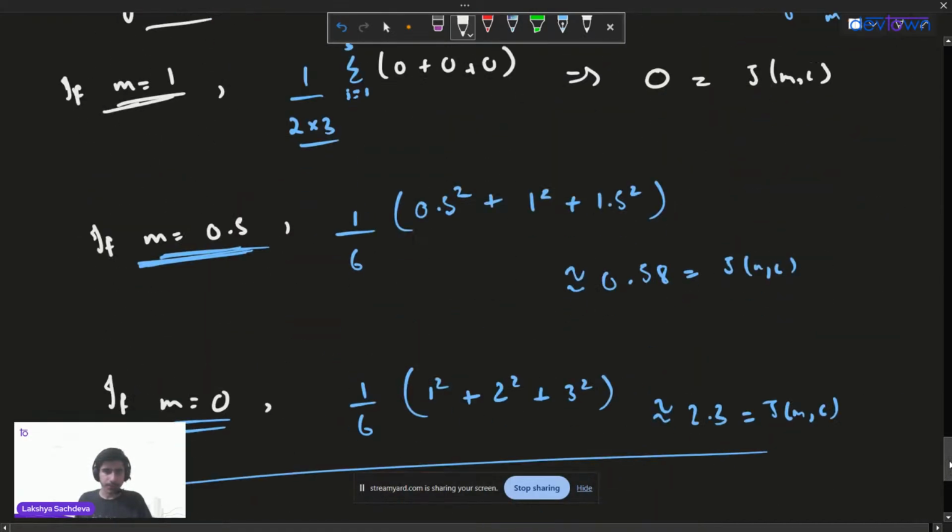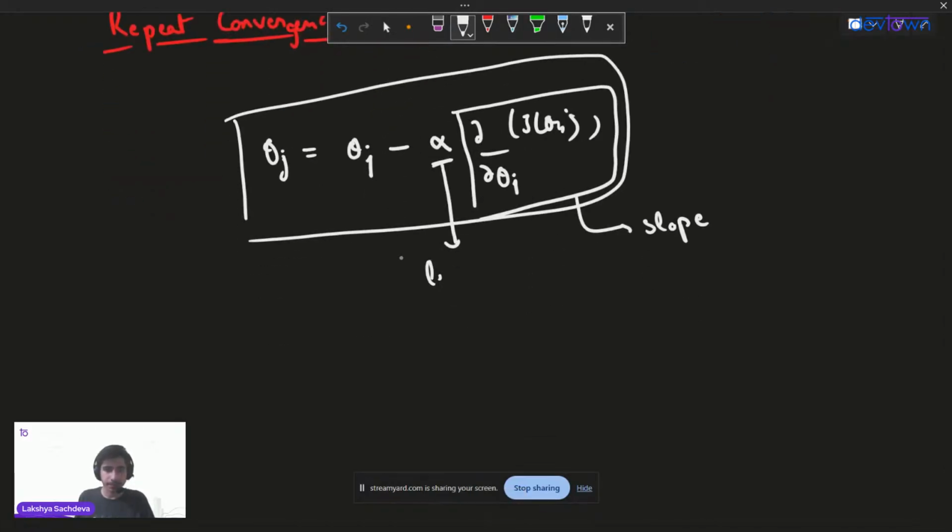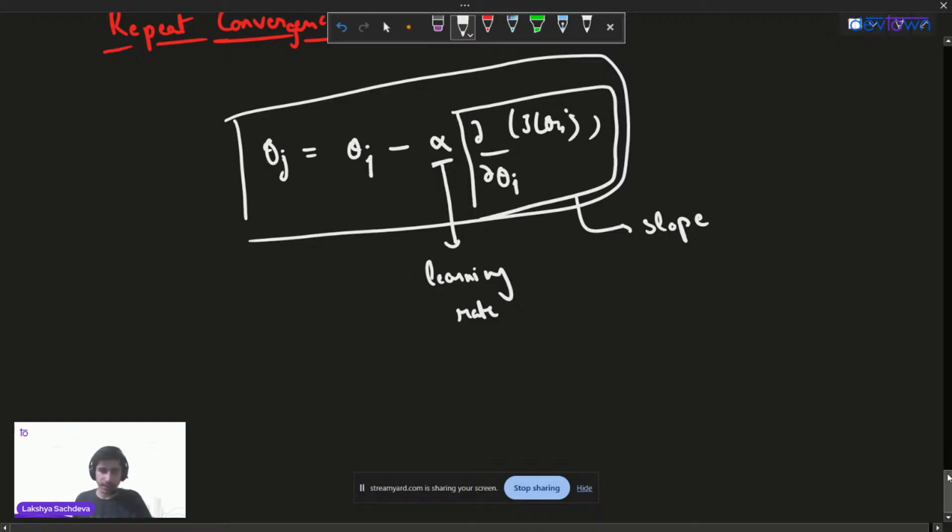Sir, what is this alpha? This alpha is nothing but the learning rate. Learning rate is the rate through which our model learns. I will explain this in detail later on.